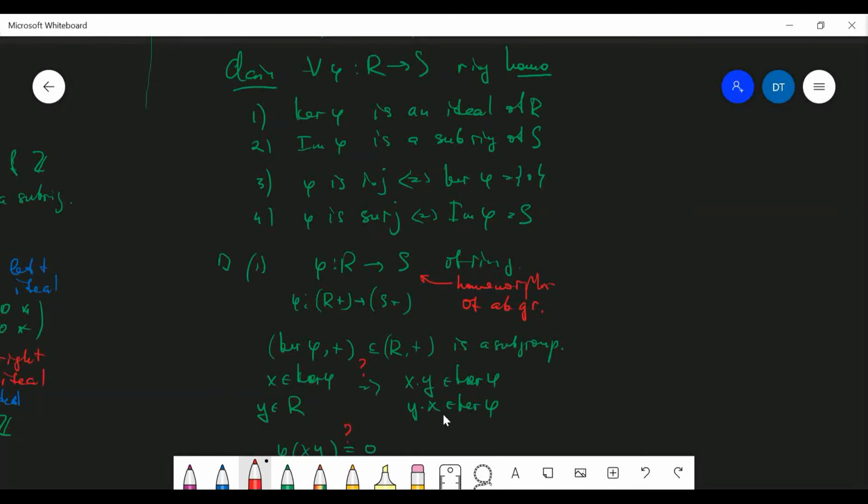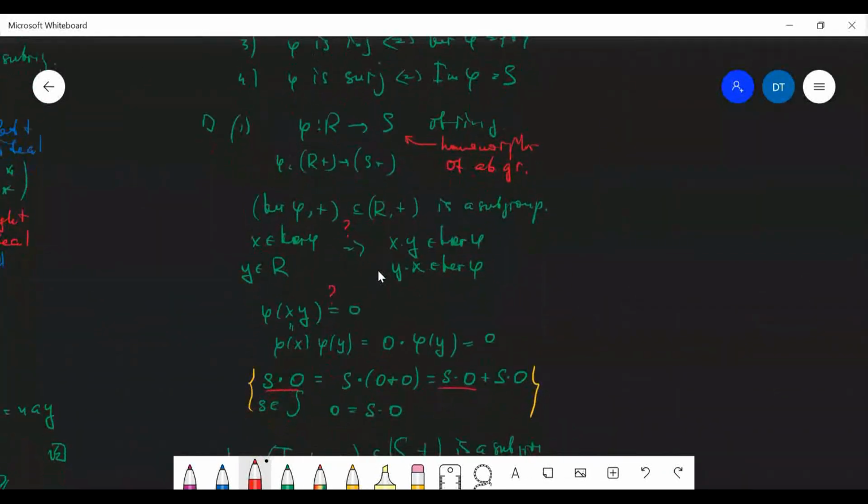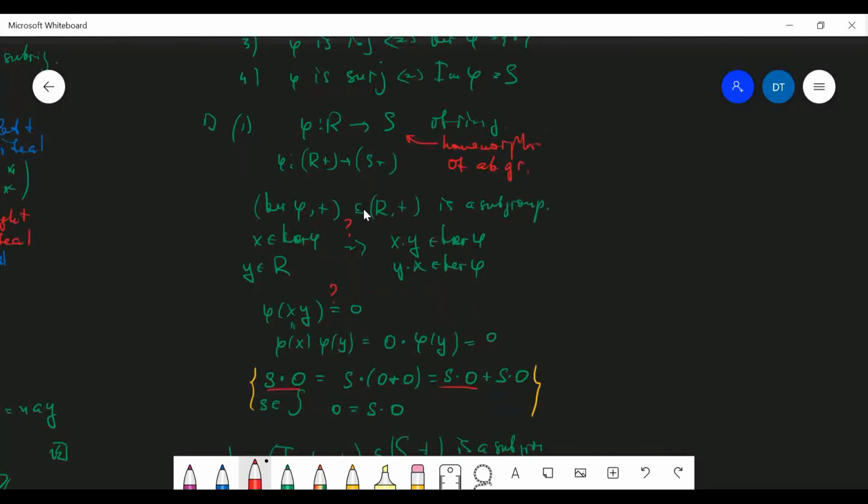Is this part clear? So basically, by definition, right? This part was by definition, but the claim that the kernel is a subgroup requires verification of the properties of a subgroup, and we already did this verification when we dealt with groups.